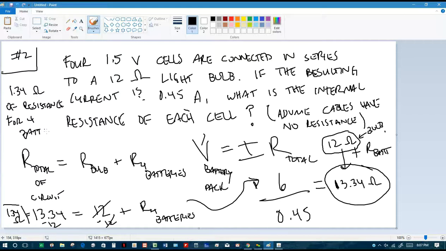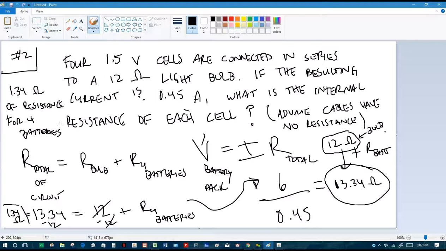Remember, we created a battery, and the resistances add up in series. So if you get 1.34 ohms of resistance for 4 batteries stuck together, what is the resistance of just one of the batteries? You've got to divide it by 4.